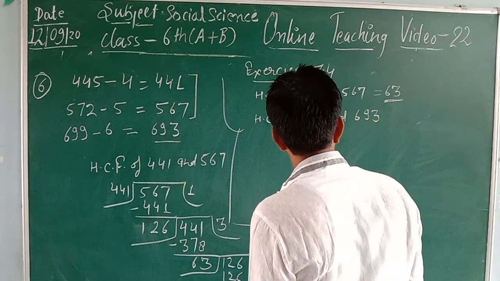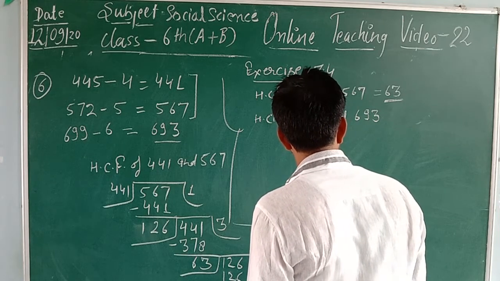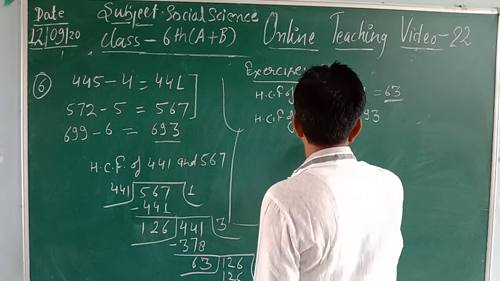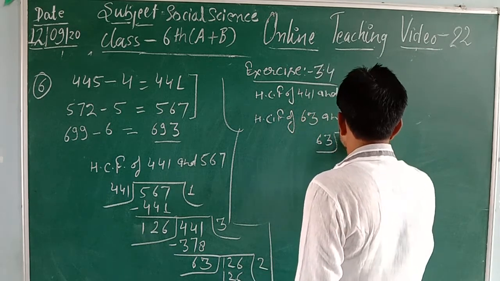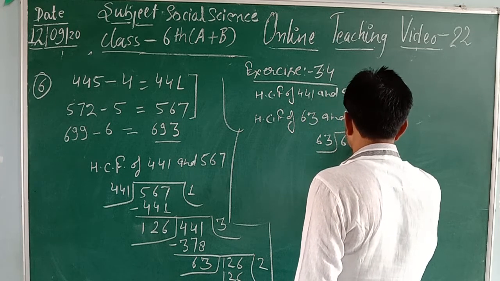Here 63 is the smaller number. Multiplying 63 by 11 gives 693: 63 times 11 is 693.